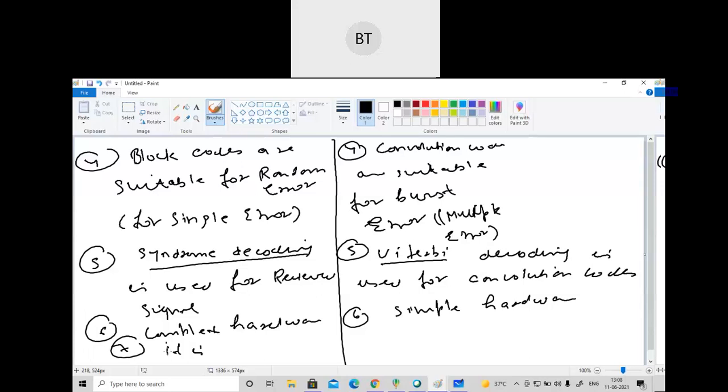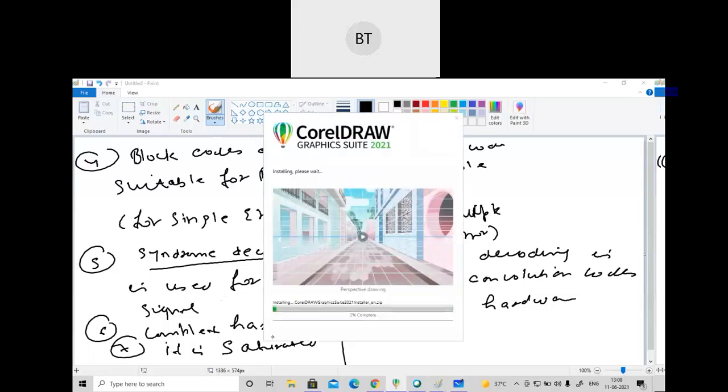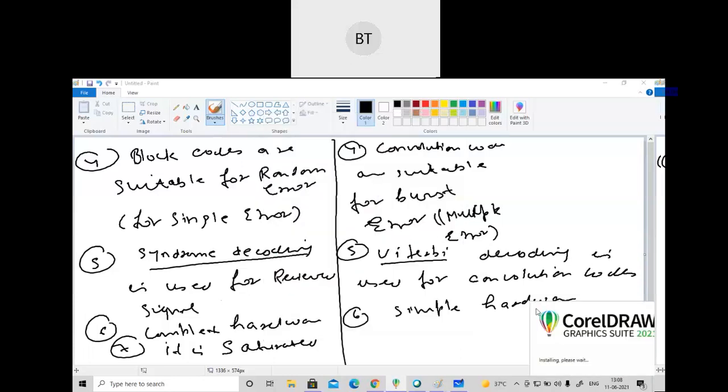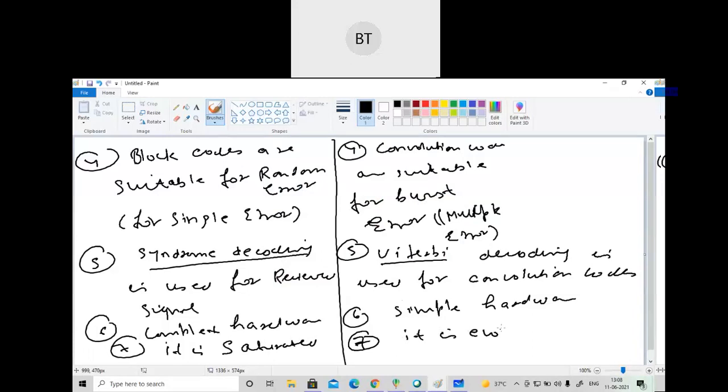Day by day it is evolving, whereas block code is very saturated. But if you look at the convolution code, it is updating or evolving day by day.